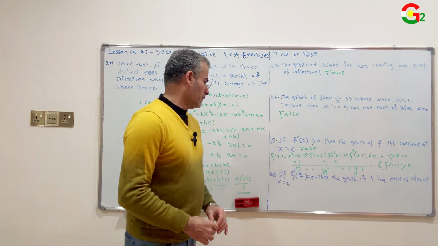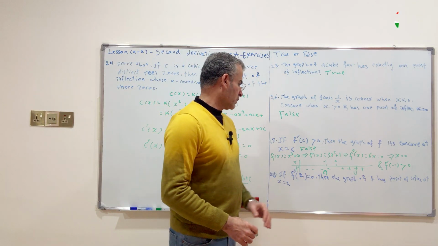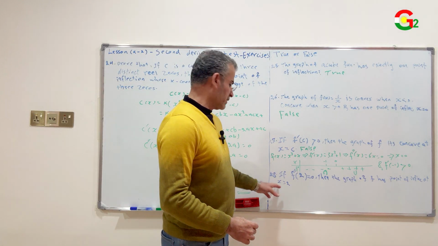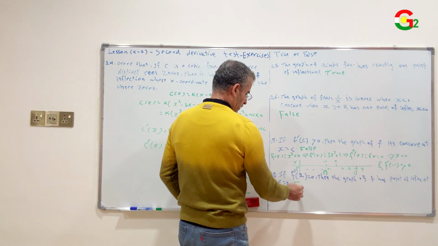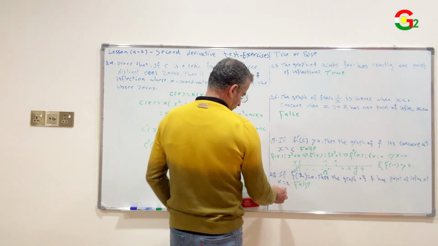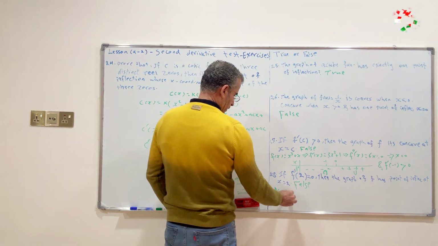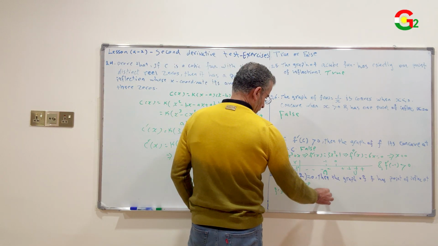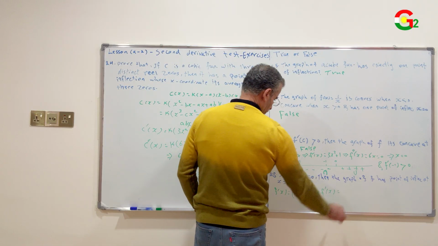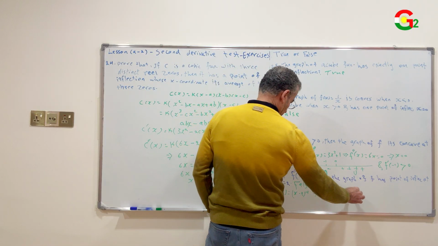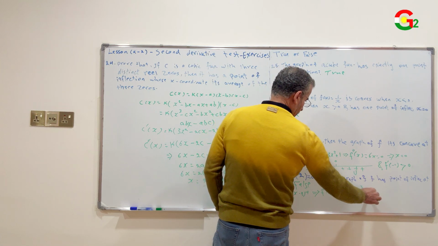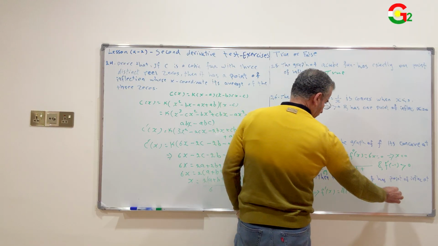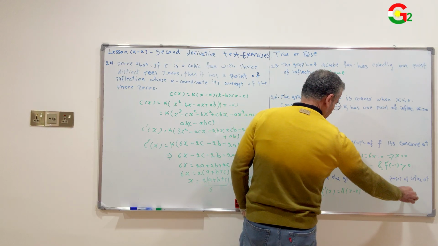Question number 28. If f double prime of 2 equals 0, then the graph of f has a point of inflection at x equals 2. This statement also is false because if we take f of x equal to (x minus 2) to the power 4, then the first derivative f prime of x equals 4(x minus 2) to the power 3. And the second derivative f double prime of x equals 12(x minus 2) to the power 2.